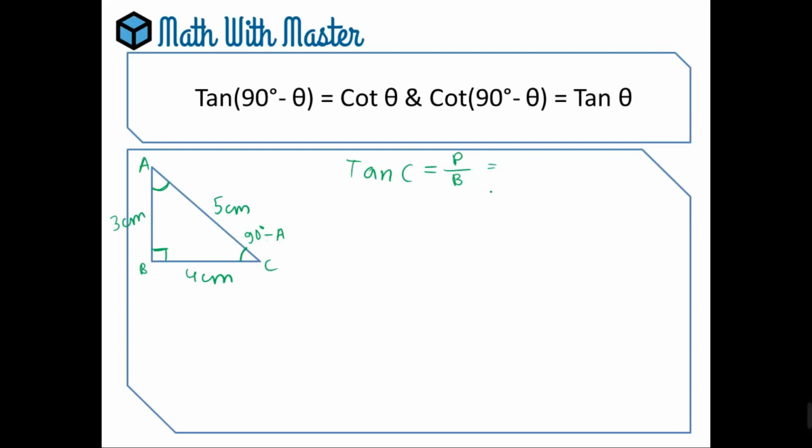So here tan C is 3 by 4. Okay, this is tan C. And what is cot A here? Cot A here is 3 by 4. Now here tan C and cot A are equal.